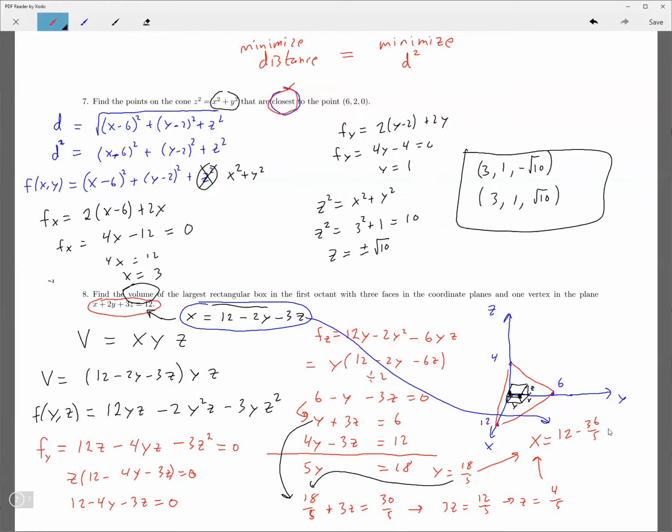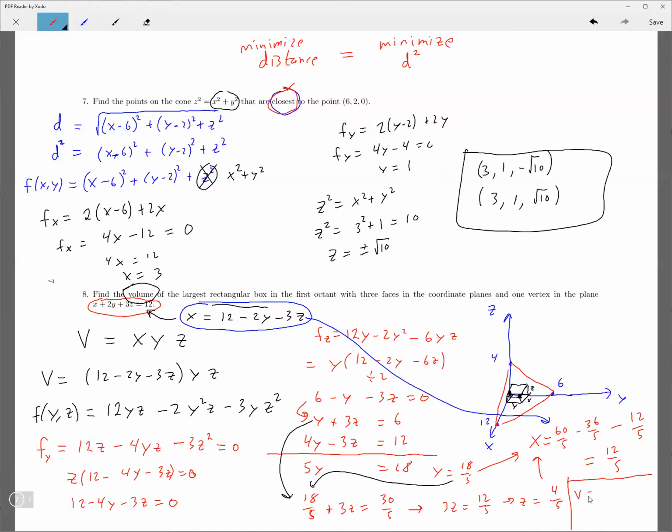And then minus 3 times z, so that's minus 3 times this, that's 12 over 5. 12 is the same as 60 over 5, right? So 60 minus 36 minus 12, 12 over 5.